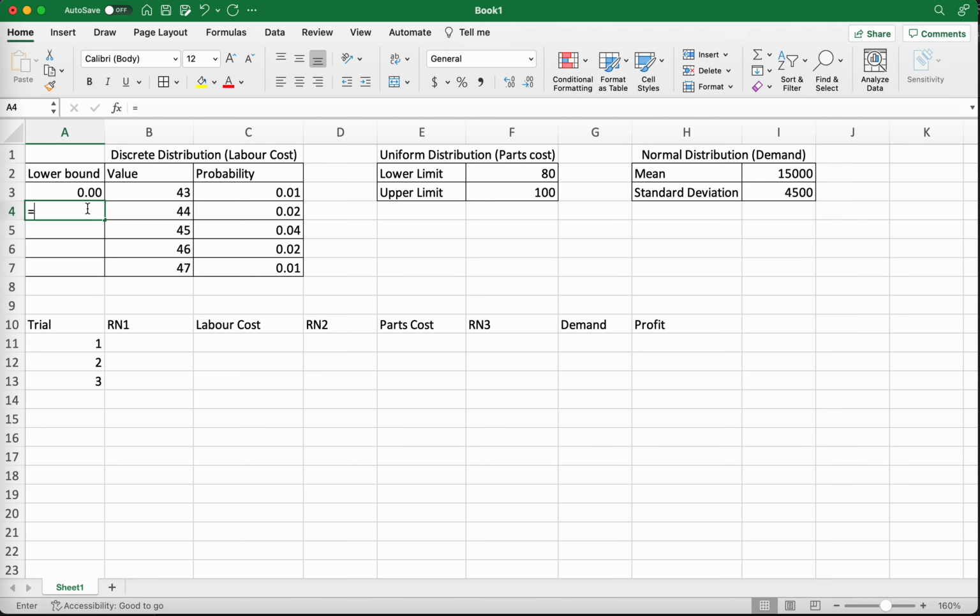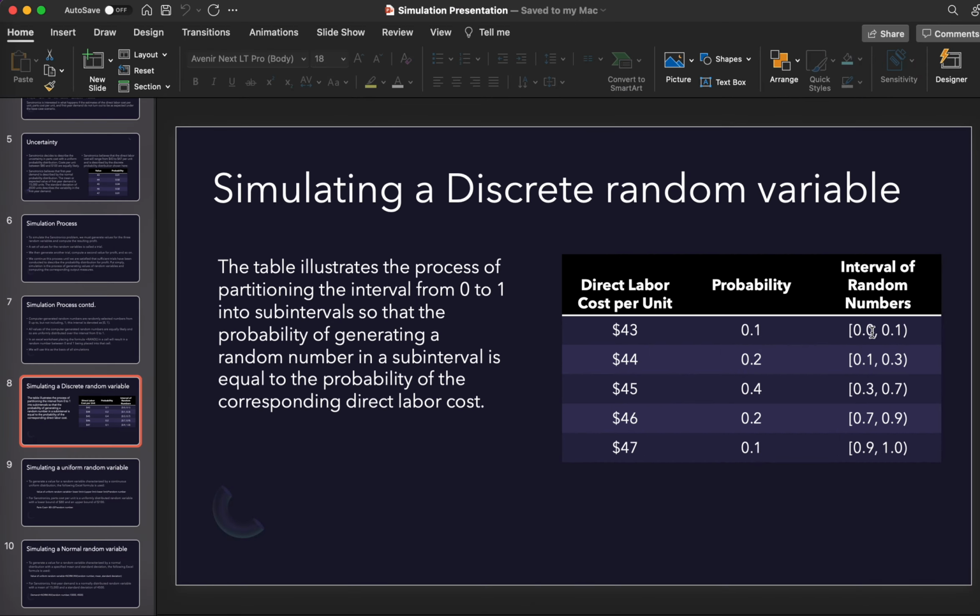The second one will be the previous lower bound plus the probability for the previous value. Then I'm just going to copy the same formula all the way down: the previous lower bound plus the corresponding probability, and so on. So we'll end up with all the lower limit values.